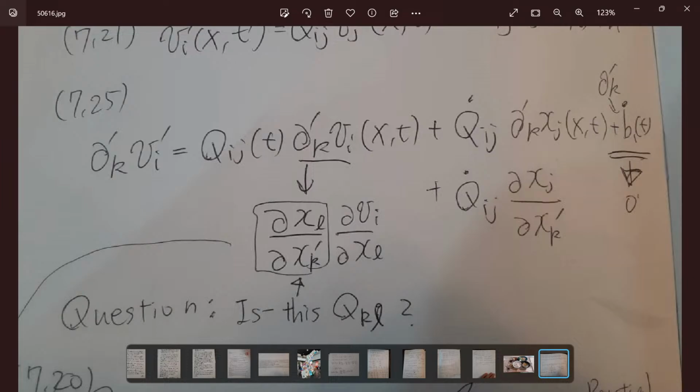Okay, so we have partial xl divided by partial xk prime multiplied by partial vi, partial xl. Then the question is, what is this? Partial xl, partial xk prime.